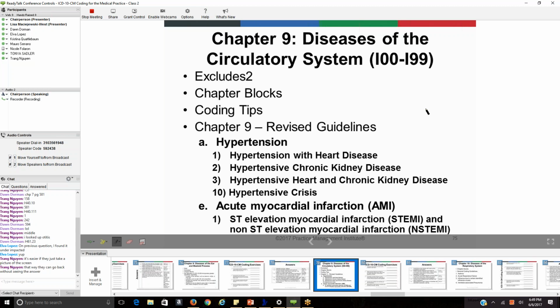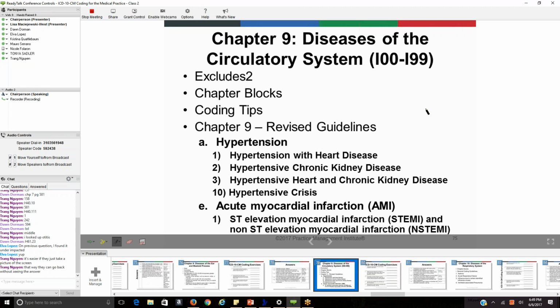You have your chapter blocks, so you can see that you have your rheumatic fevers in the beginning of the chapter. Then you have your hypertensive diseases, ischemic heart diseases, pulmonary heart diseases, cerebrovascular diseases, diseases of the arteries, vascular system, veins, lymphatic vessels, and lymph nodes not elsewhere classified, and other and unspecified disorders of the circulatory system.